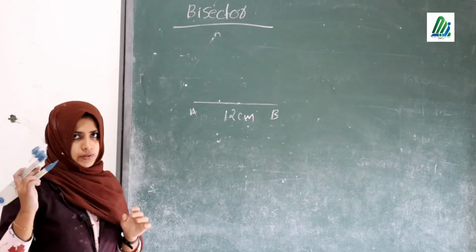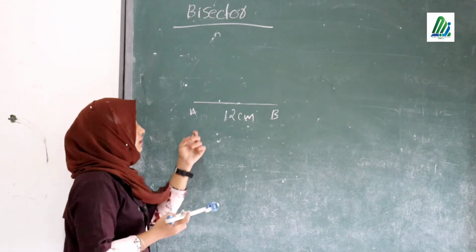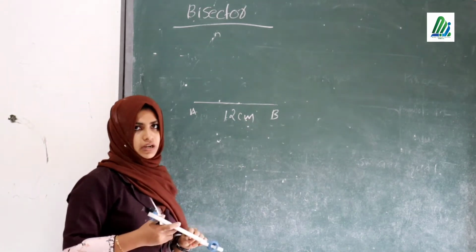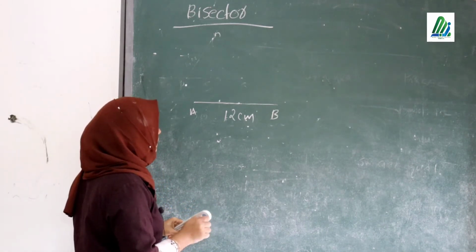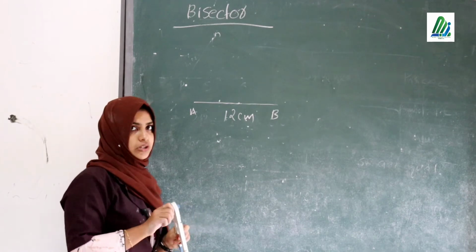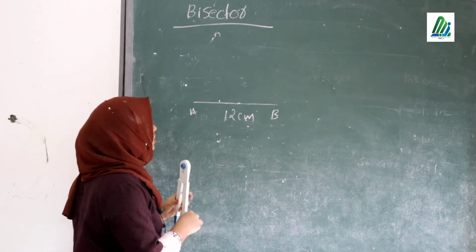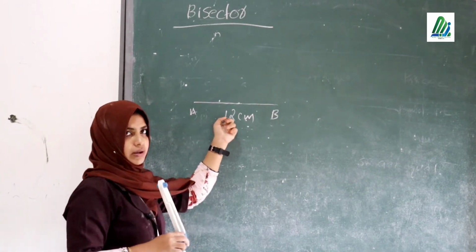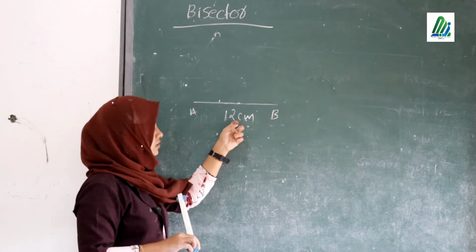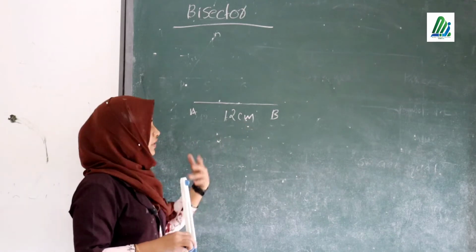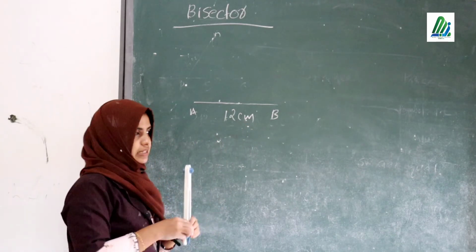Take your compass. Here AB is 12 centimeter, so in your compass take a little more than half of this side. So we can take 7 or 8 centimeter.